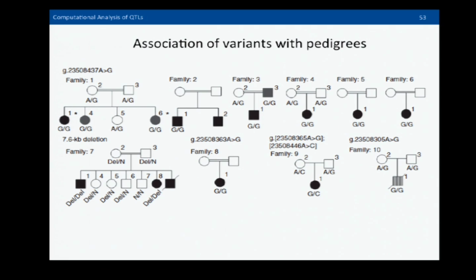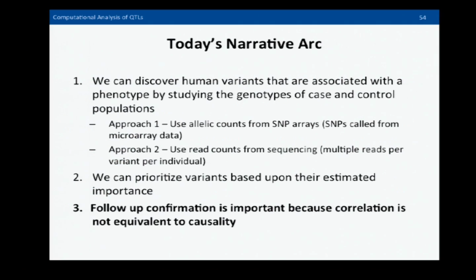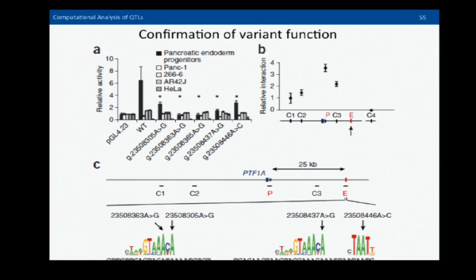And in order to confirm this, what the authors of the study did was they took that enhancer and they looked at all the different SNPs and they mutated it. And in the upper left-hand corner, you can see the 5 little asterisks note the decrease in activity of that enhancer when they mutated the bases indicated in SNP positions.